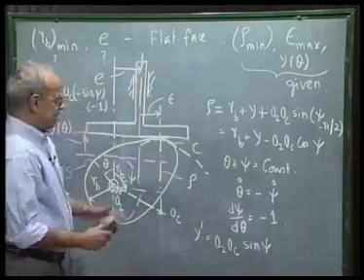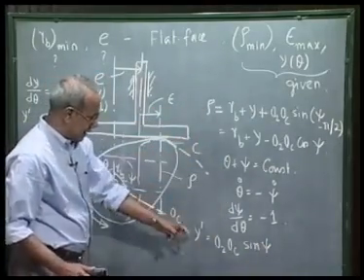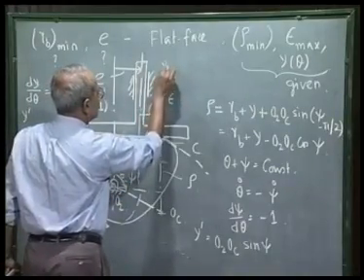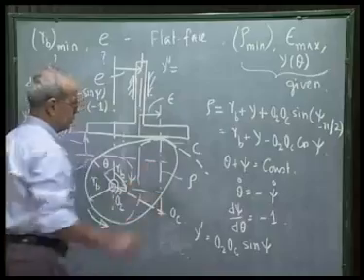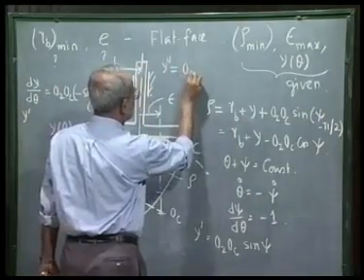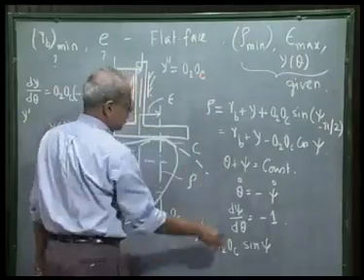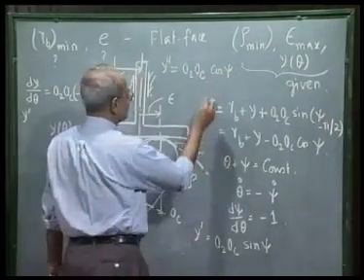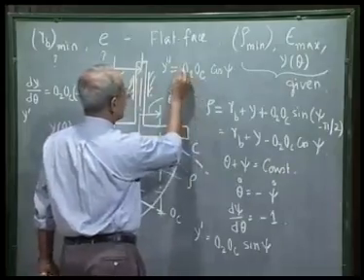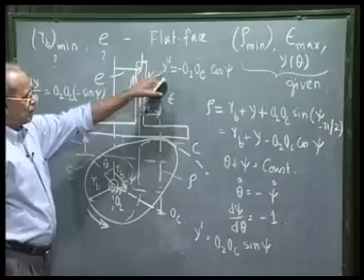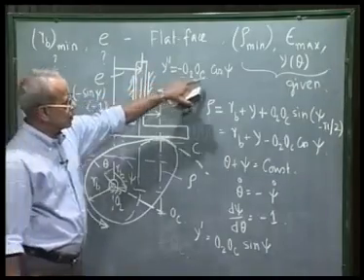As I said, we can differentiate up to the second time. So if I differentiate again, we get y double prime is O2 OC, which I can treat as constant, O2 OC cos psi into d psi d theta, which is minus 1. So I write a minus sign here. Y double prime I can write as minus O2 OC cos psi.